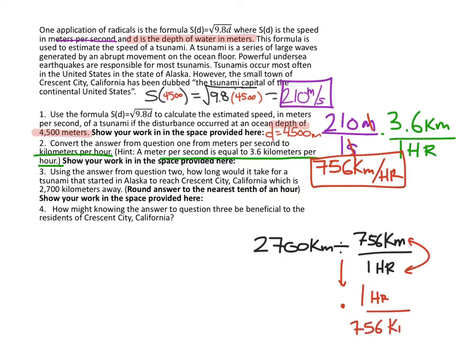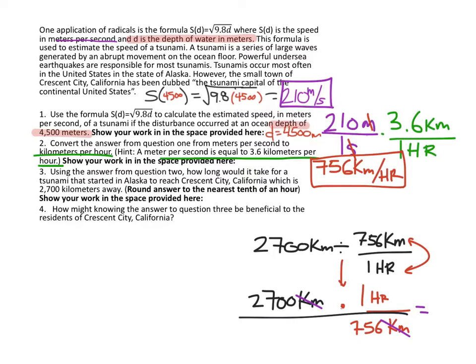And this one is kind of the dimensional analysis of it, because the kilometers are going to cancel out, one in the numerator, one in the denominator. So it really ends up just being 2,700 divided by 756. It's fraction multiplication, so multiply the numerators, multiply the denominators.